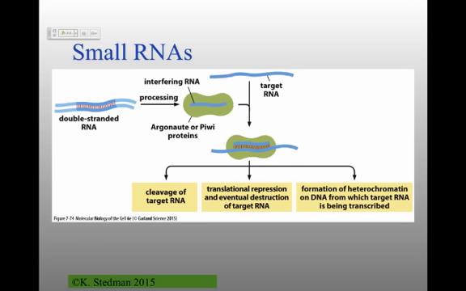So you have processing that takes place, and then these are all together with proteins. We'll talk about these examples in just a second. Argonaute or Piwi proteins. These then will interact with a target RNA through base pairing interactions and then lead to some of these different options.